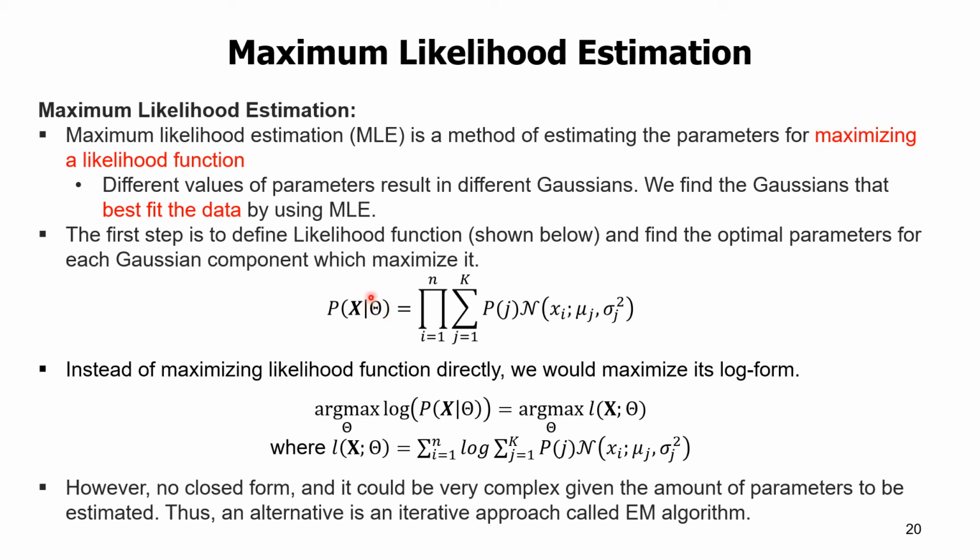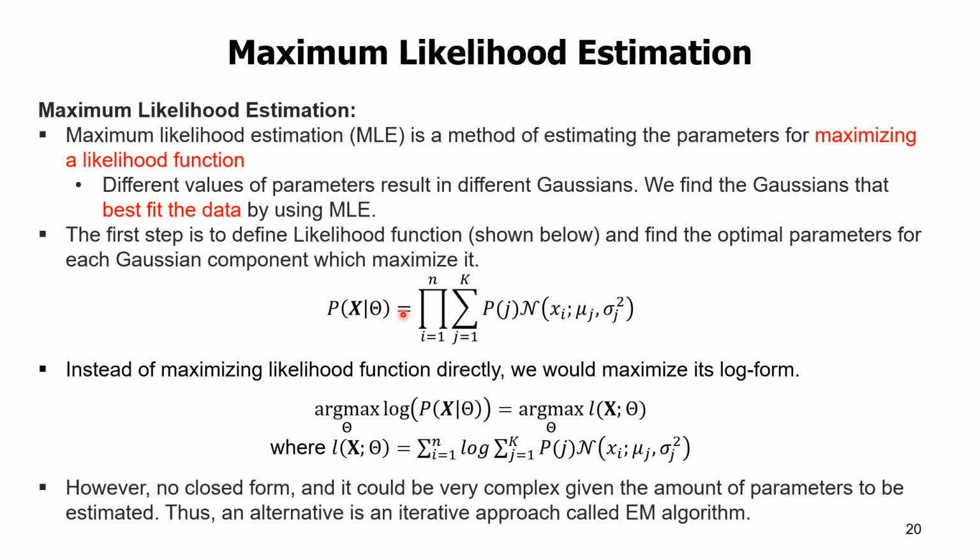These parameters determine one particular set of Gaussians. So this probability is that the entire data x1, x2, xn are generated from these Gaussians. That's this probability, and this is the likelihood function of EM algorithm.